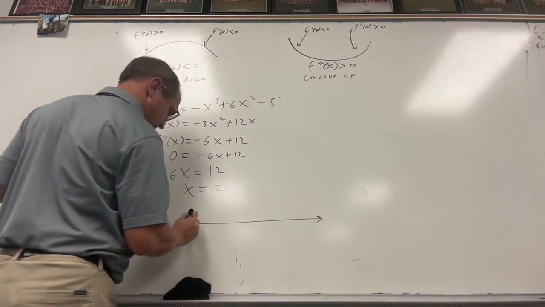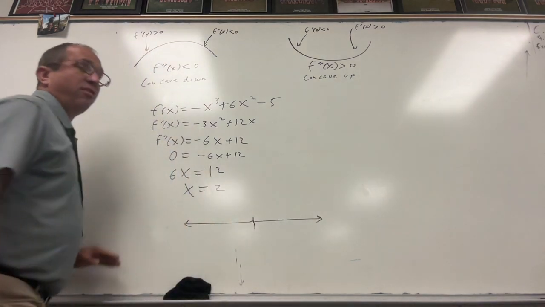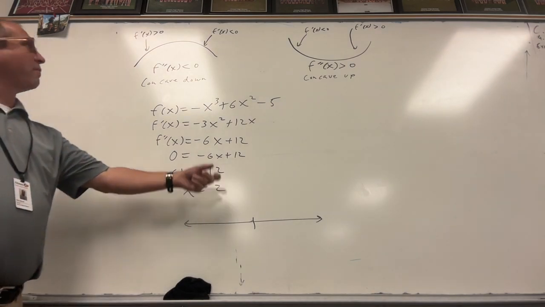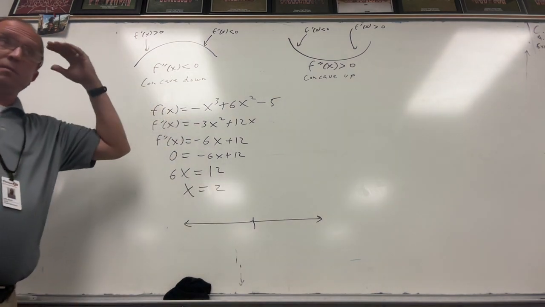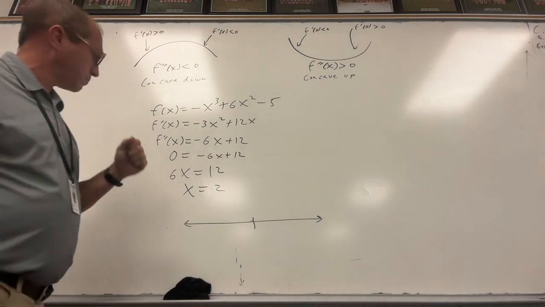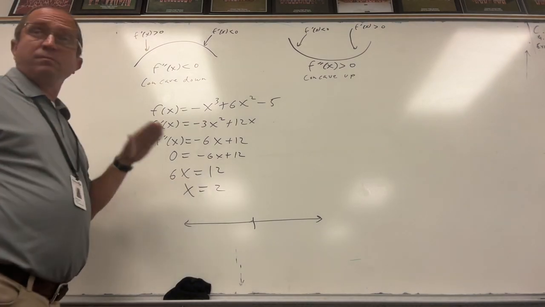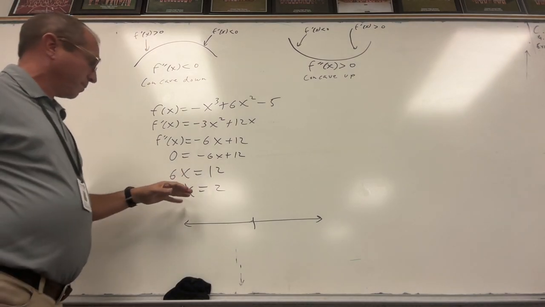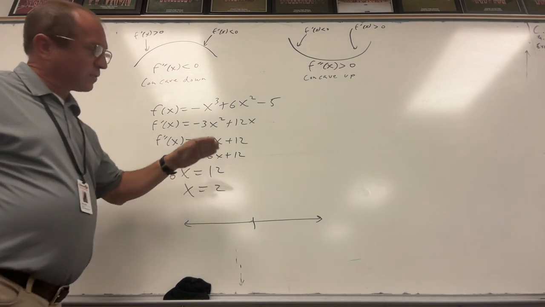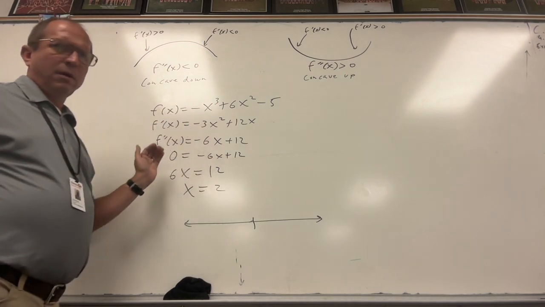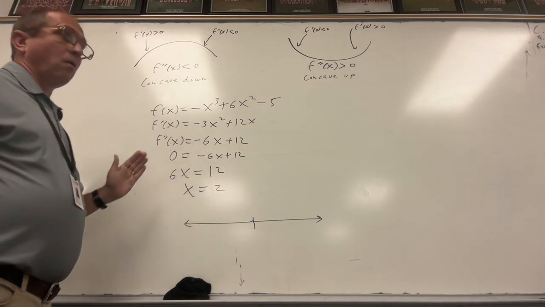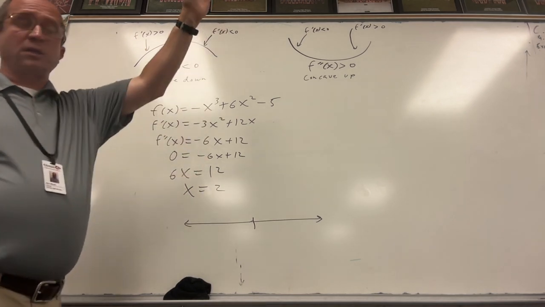Now, when we were dealing with the first derivative, and that 2 value was part of the domain, we would go ahead and say, we know that this is a critical number. But here, we don't know for sure what's happening. In the first derivative, it was a critical number if it was increasing on one side and decreasing on the other side, or it could be increasing on one side and increasing on the other side.